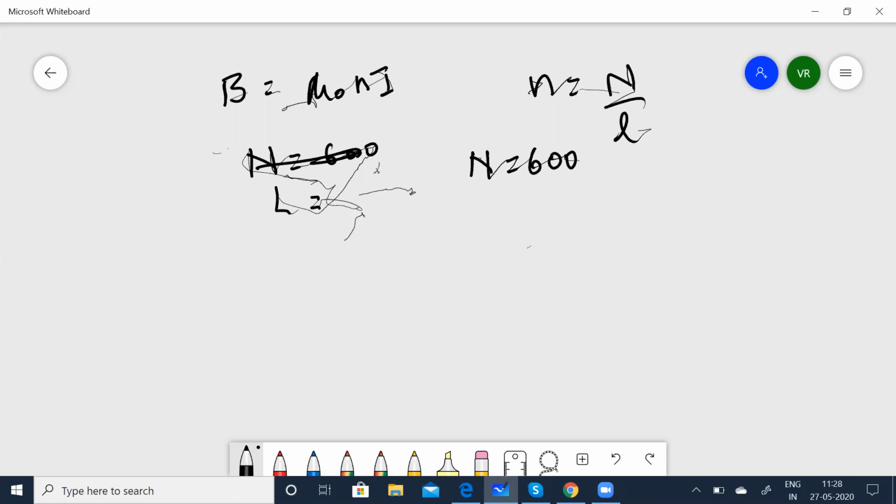L is equal to 2.7 meters. So therefore, now you could know that n is equal to 600 divided by 2.7.